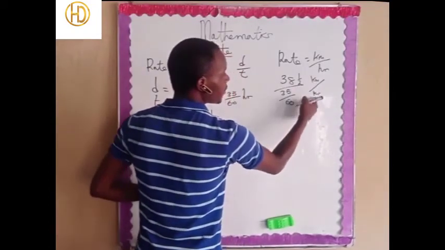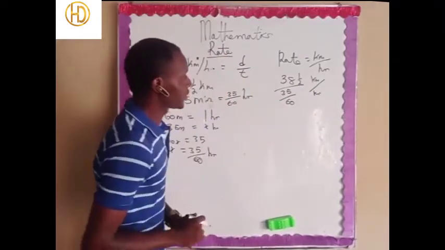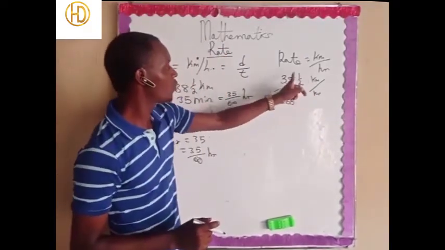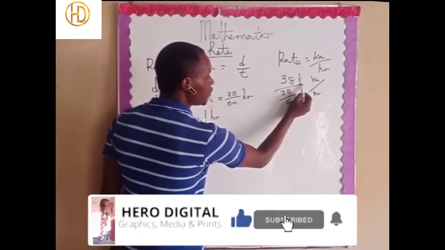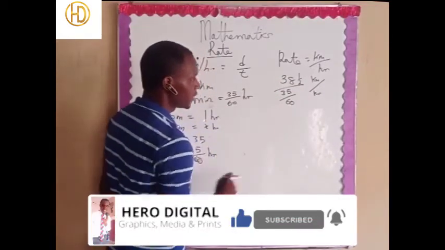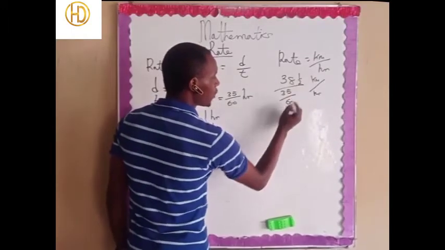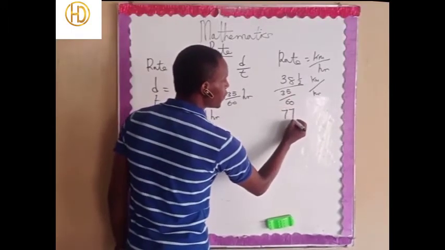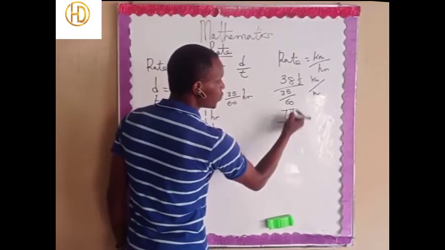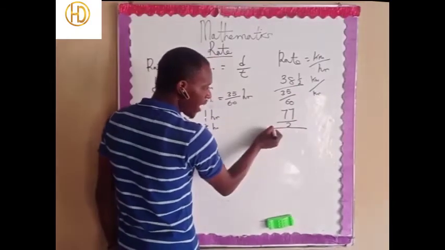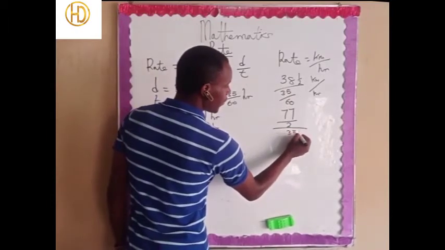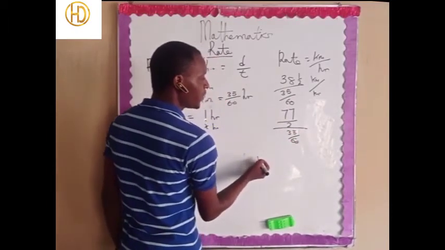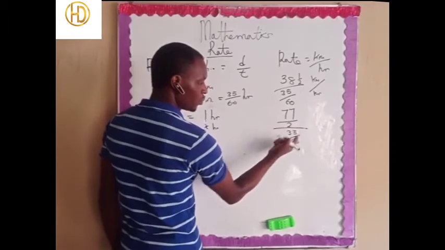Then next, convert this one to an improper fraction. 38 times 2 gives us 76. 76 plus 1 gives us 77. Then over 2. Then over 35 over 60.